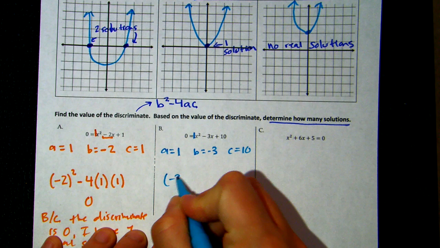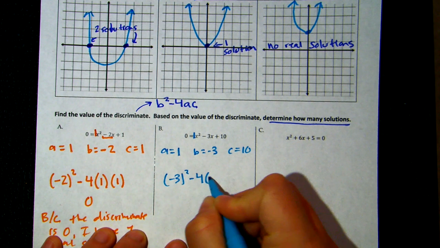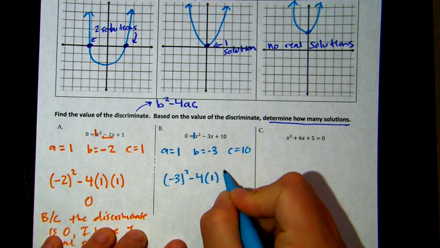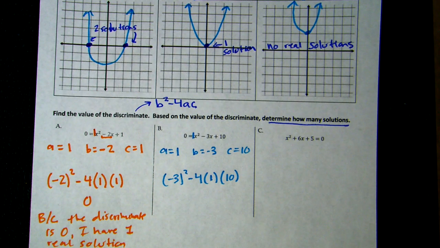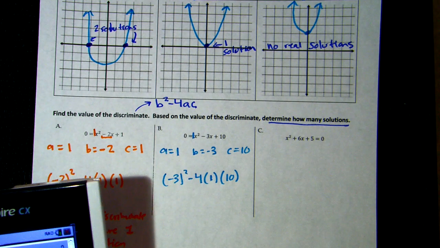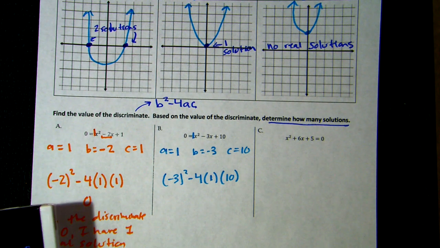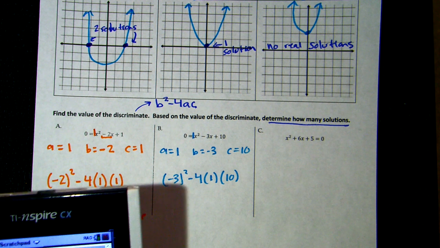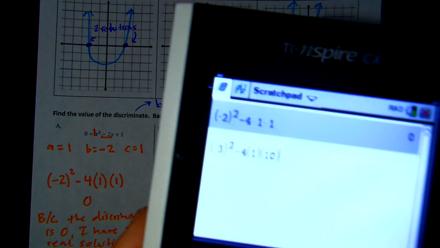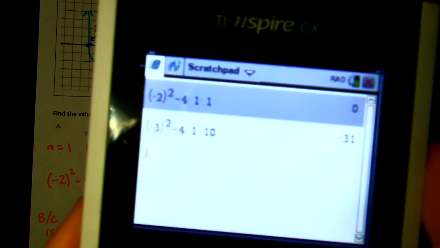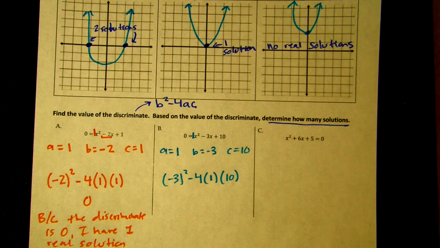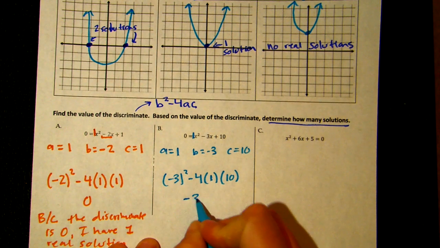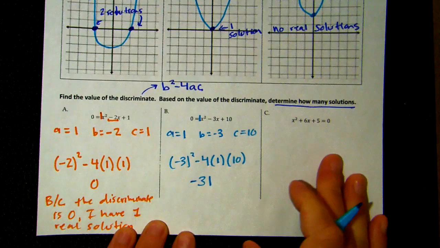So I get (-3) squared minus 4 times my a value of 1 times my c value of 10. Just be really careful about your parentheses on these. When I press enter, I get -31. So my discriminant is -31.